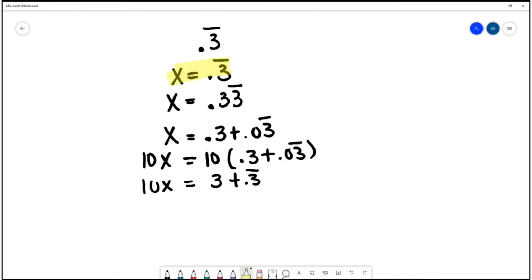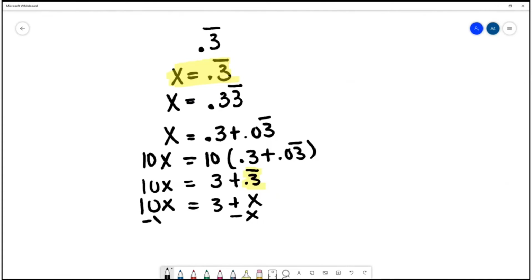And if you'll recall, in the beginning I said that x was 0.3 repeating, so I'm going to change that 0.3 repeating to x. That's 3 plus x. And now I have an equation without that repeating portion of the decimal.